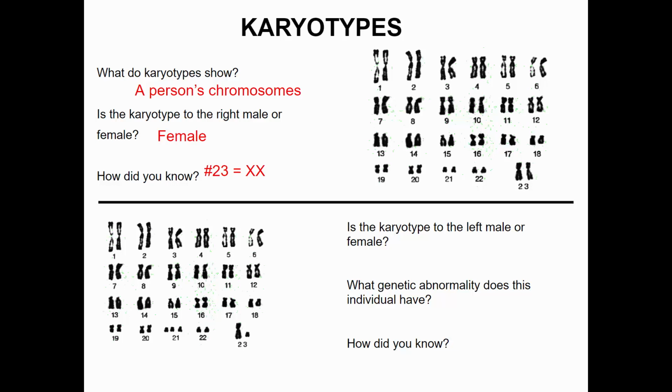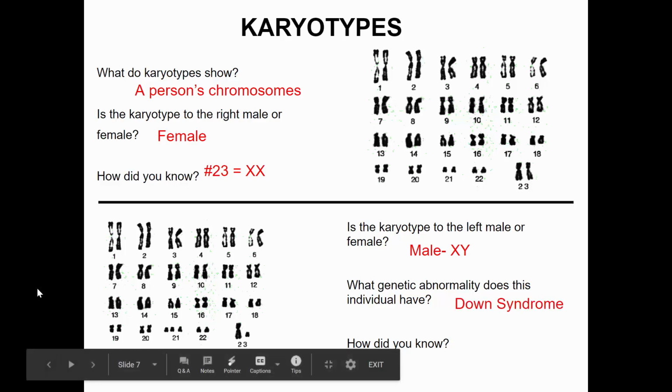So yeah, like you guys were saying, this is a male. You could tell because the 23rd set are two different chromosomes: a tall X chromosome and then that little short Y chromosome. Anything else you notice with this? 3 21st chromosomes, that's a person with Down syndrome. You know by looking at that 21st set.